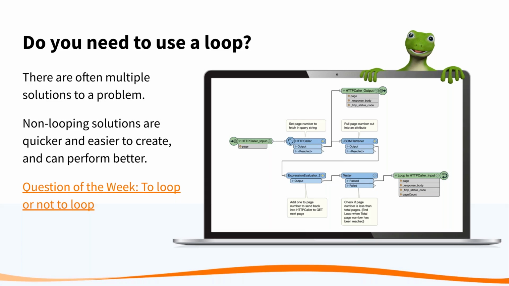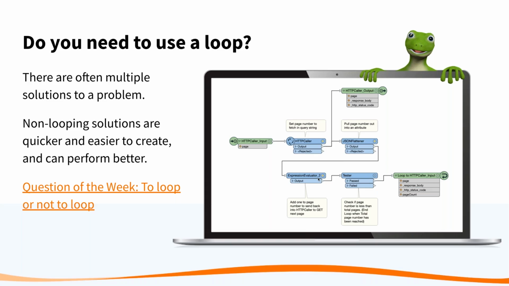For paging data, the loop was designed to pull the current page number, add 1 using the expression evaluator, and then we passed this through the loop until we reached the final page number, at which point the loop ended. However, unlike nested comments, we actually did know the total page number after we made the very first request.